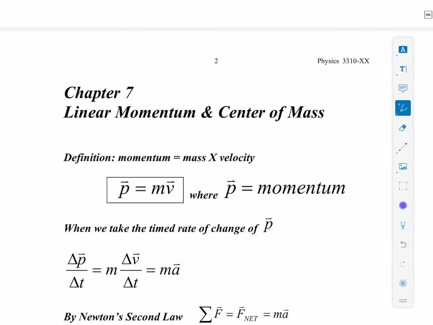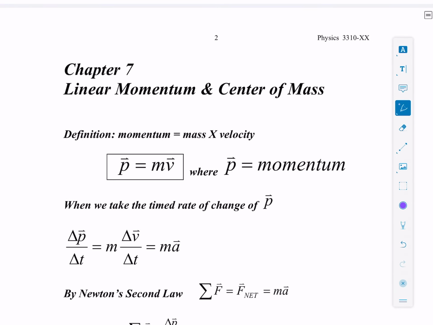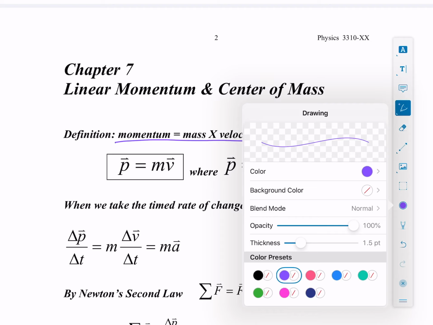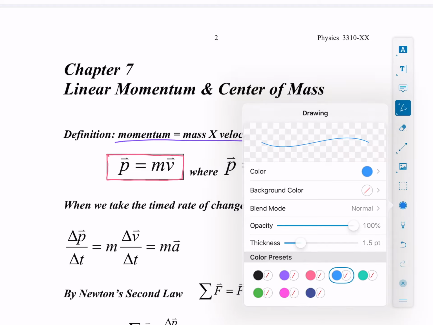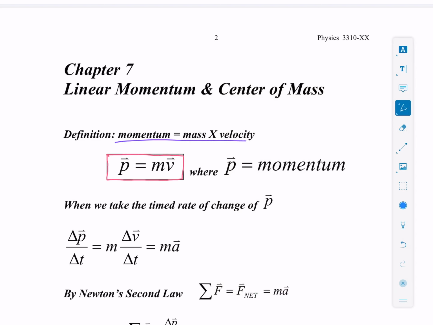The actual definition of momentum is literally just mass times velocity. The variable that we're going to use for momentum is p. So we're going to say that p equals mv. Momentum equals mv, mass times velocity. One thing that you guys should notice is that we have the arrows overhead again.